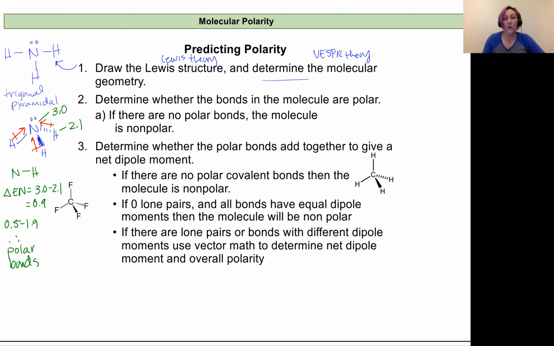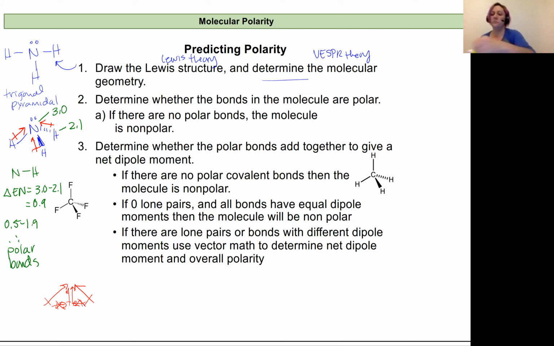All right, so now that I have my polar bonds identified, what I'm going to do is see if they cancel out or if they give me a net dipole moment. So I'm going to take the vector sum of these dipole moments. Looking at it, and I'm going to simplify it here, for any 2 there's going to be some element where they're pointing in towards each other, but also going up. So I'll have some that cancel and some that point up, and it's going to happen to all 3 of these.